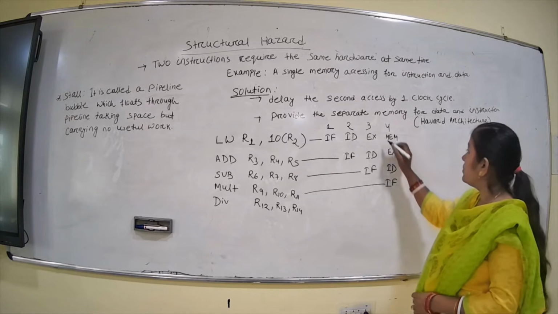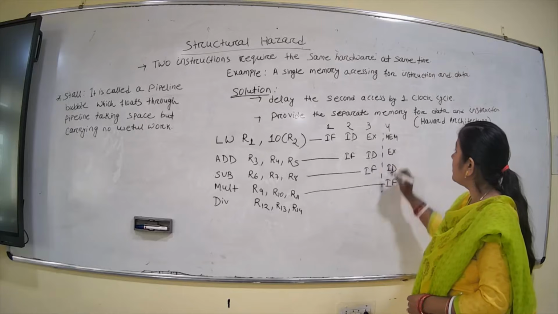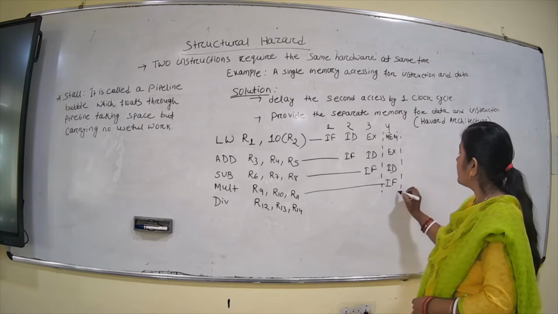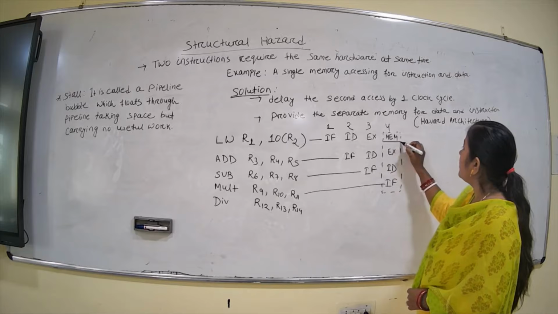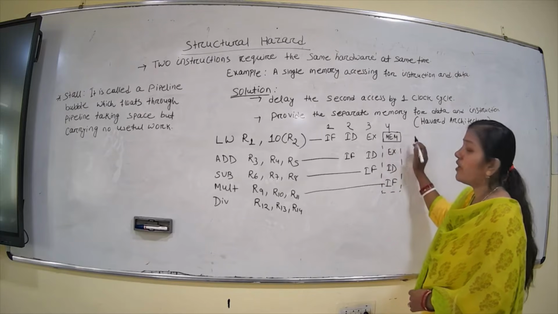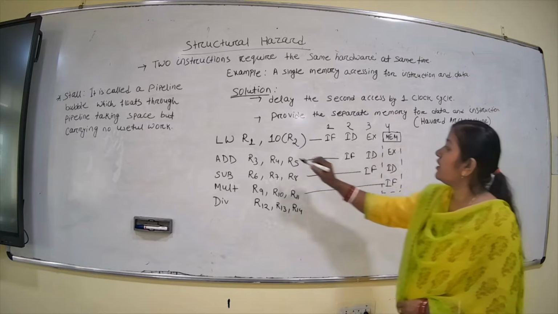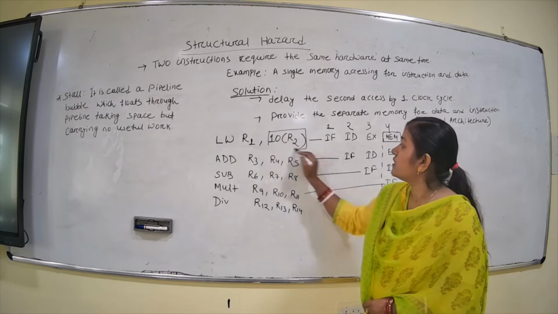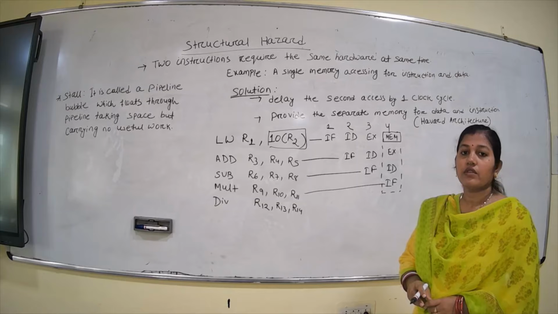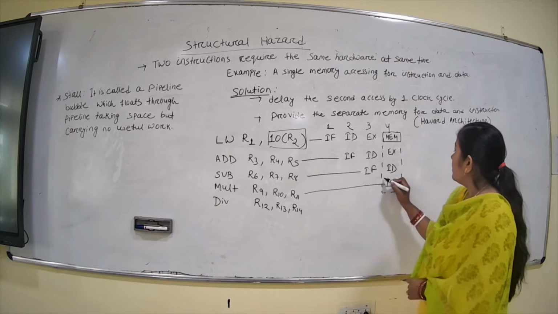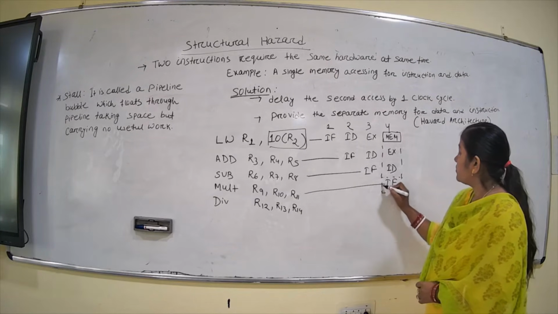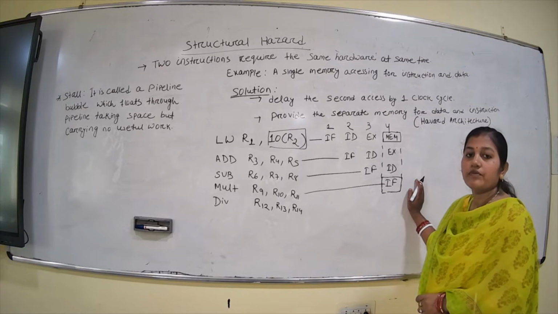Now see, here a structural hazard is created. How? In the first instruction we are accessing memory, to read what is present in this memory location. For the fourth instruction, we are accessing the memory to fetch the instruction.